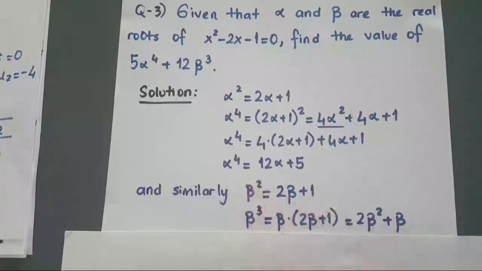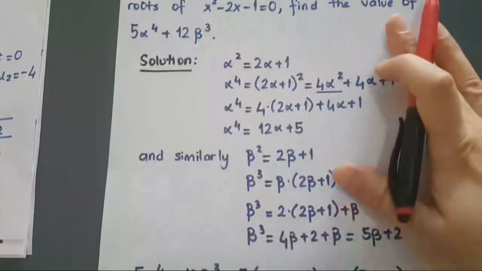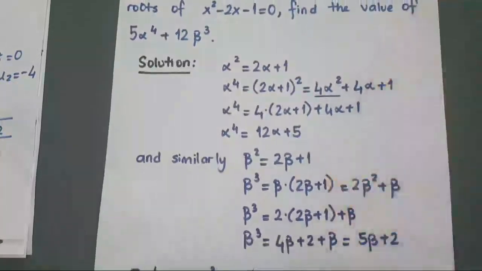We will substitute it here. And we get beta cubed is 2 times 2 beta plus 1 plus beta, which means that beta cubed is 5 beta plus 2. Is it clear? Is there any question up to here, guys?